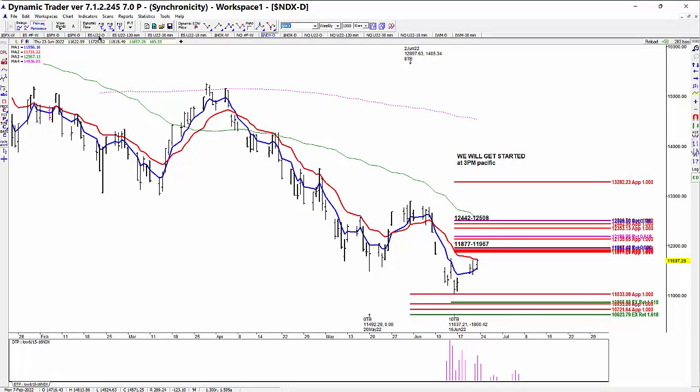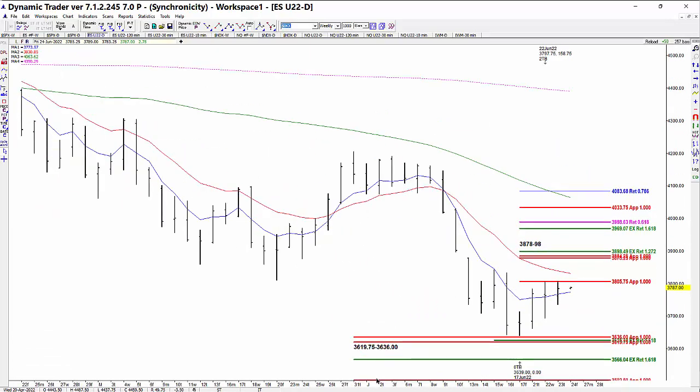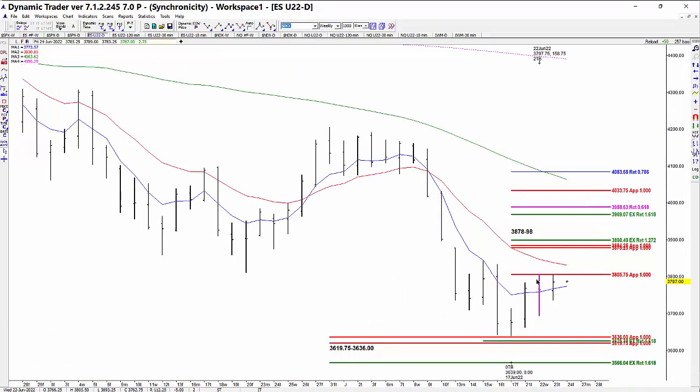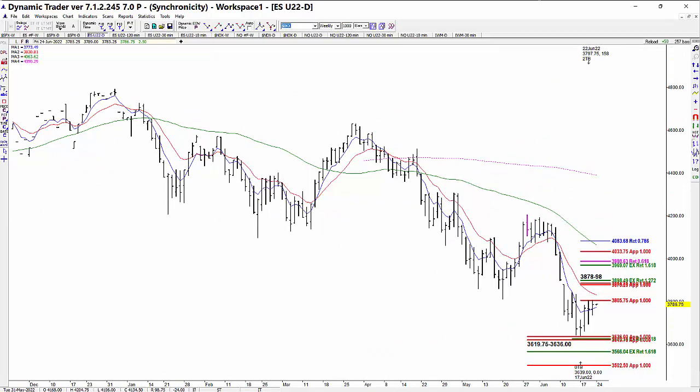So as far as S&P is concerned, initially we came off of this resistance, this 3805. But this is still in a downtrend, okay? It's still a pattern of lower lows and lower highs. You are below the 200 simple, you're below the 50 simple, and the 513 EMA combo I use is still in a sell mode.